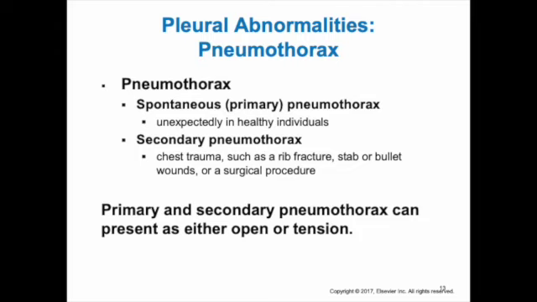Now, 10% of these affected patients have a significant family history of having a primary pneumothorax that is linked to an autosomal dominant mutation in a gene called the folliculin gene.